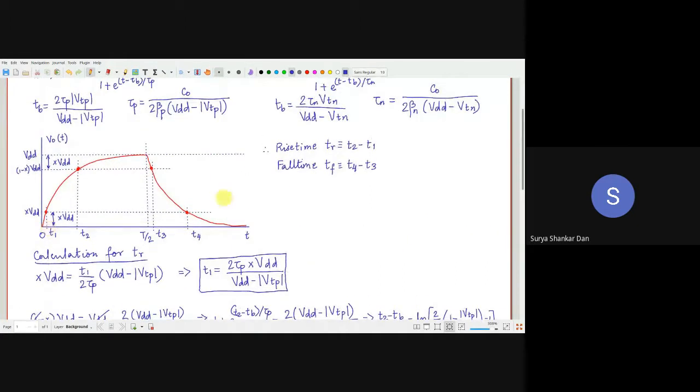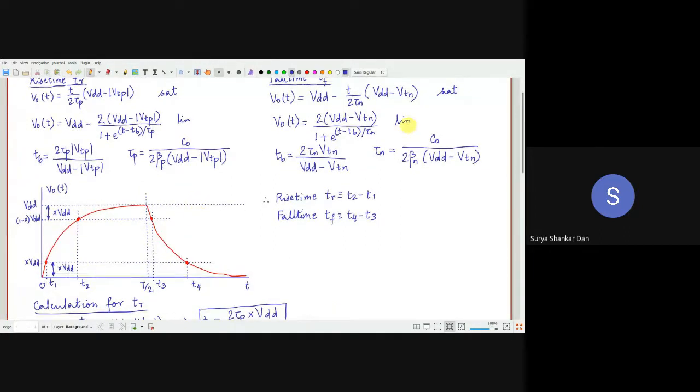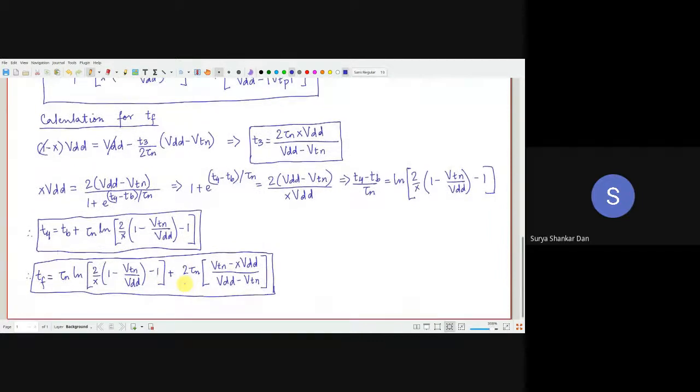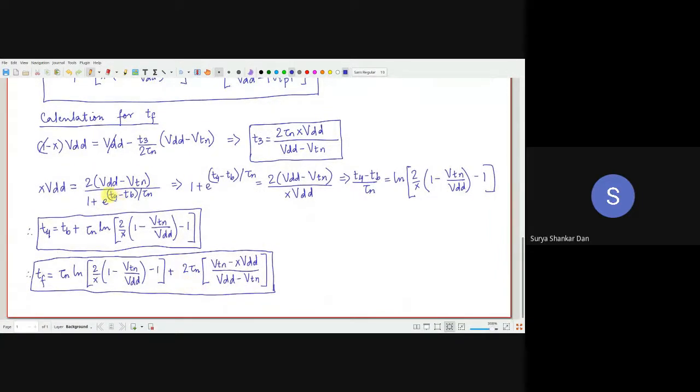As you can see, this VO is crossing this X VDD value at T4. So I will replace VO by X VDD, and T by T4. That's what we have done here. From there, I have done some basic algebra and obtained the value of T4.